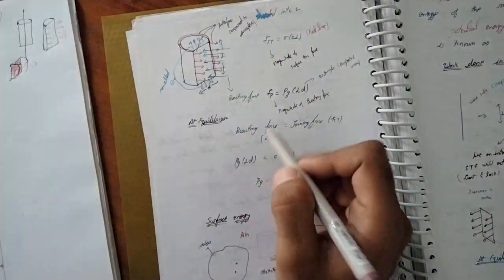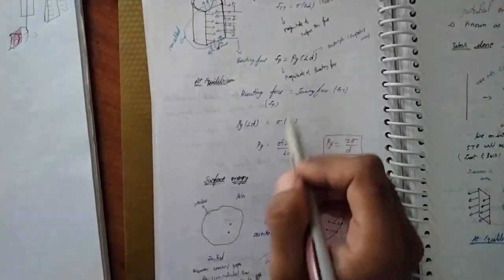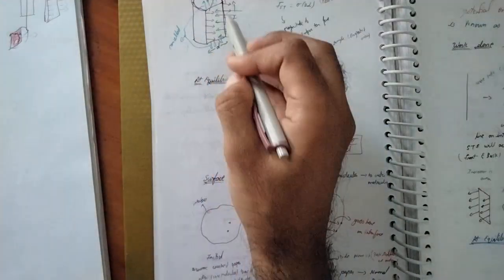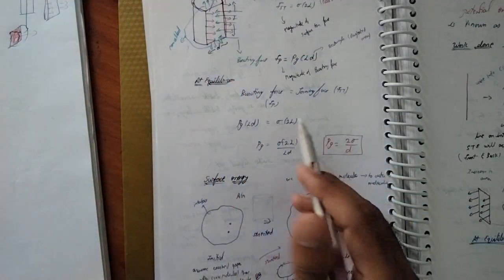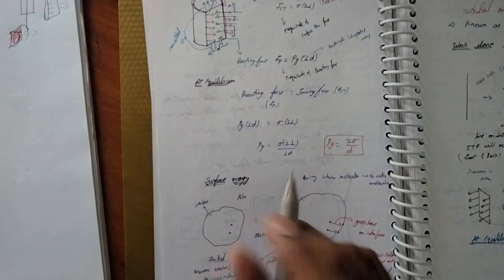So surface tension force equals bursting force. This is the bursting force, and the next is the joining force. This is L, this is L, so that's why it is given as 2L, and here the bursting force will be there. You need to combine everything, so Pg equal to 2 sigma per d will come. I think we are catching the point.